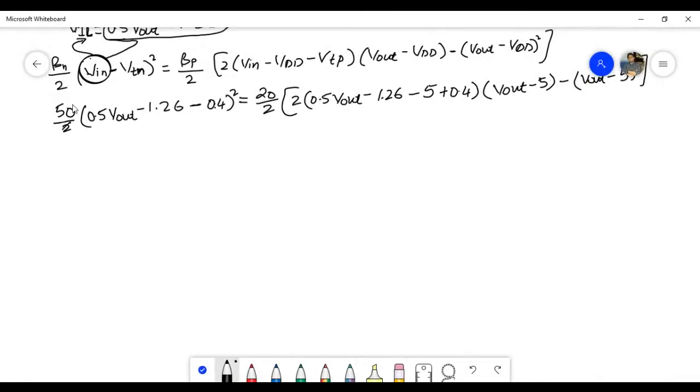So here it is 25 into 0.5 V out minus 1.26 square equals 10 into, let us keep 2 outside, and 0.5 V out minus 1.2 minus 5 plus 0.5.